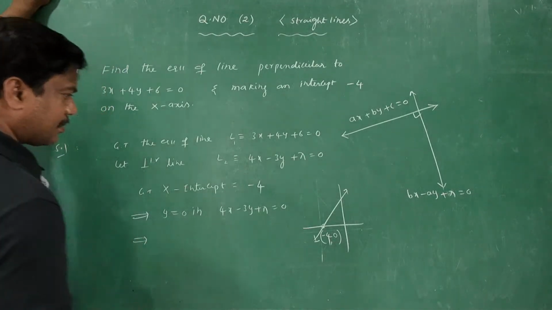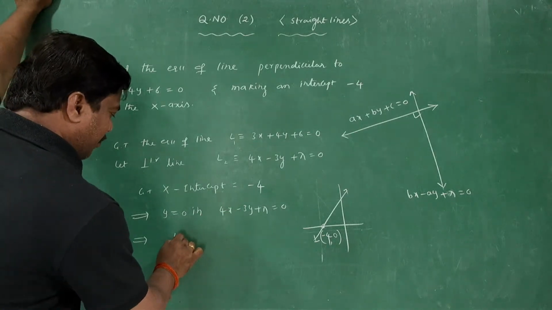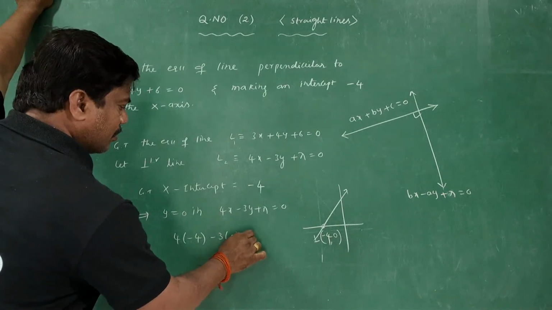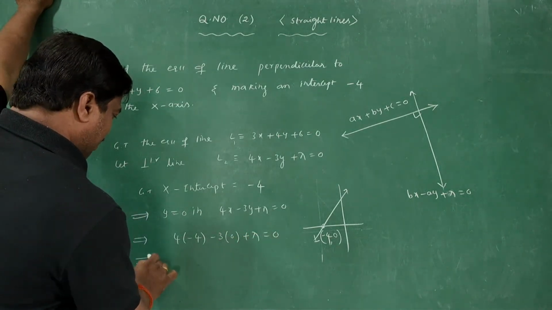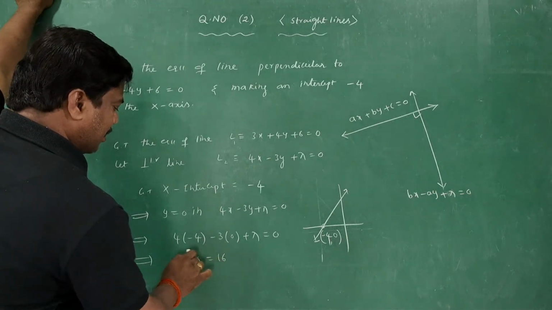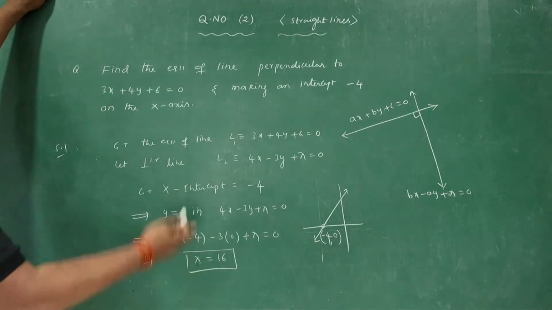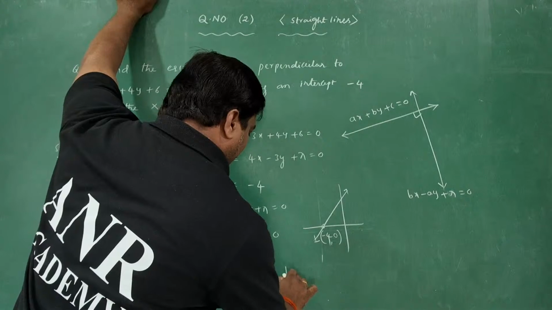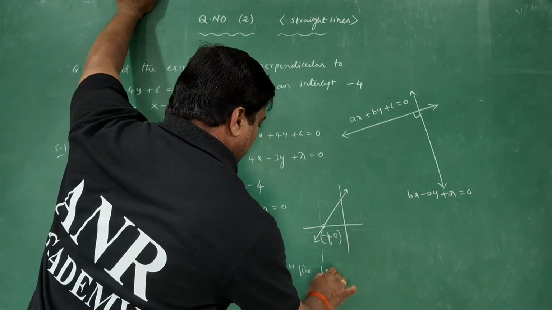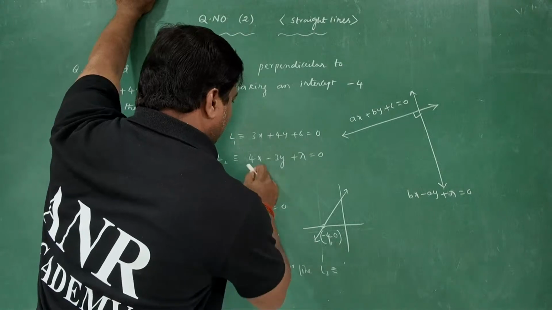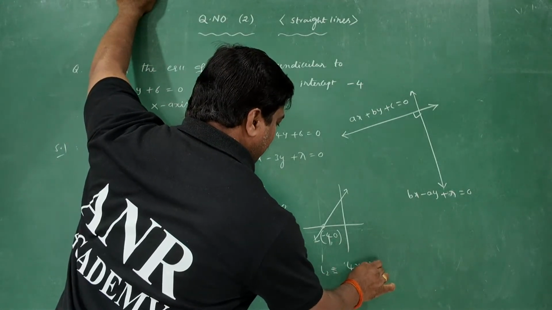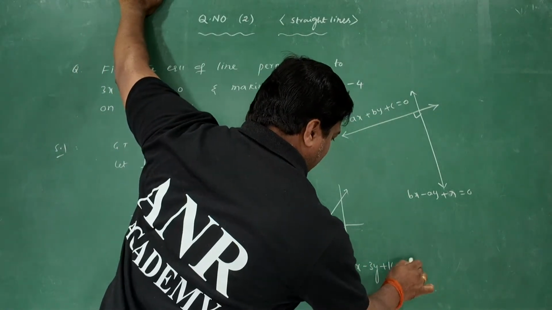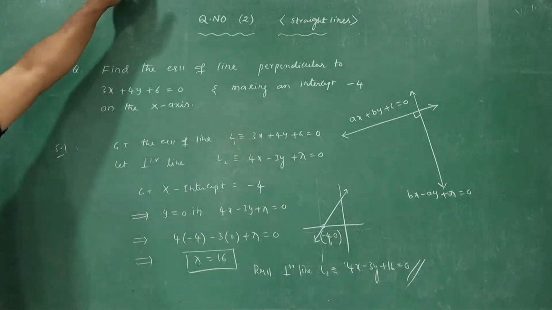That implies in place of x you write minus 4 and in place of y you put 0, that gives the value of lambda. That implies lambda equal to 16. When lambda equal to 16, the required perpendicular line L2 becomes 4x minus 3y plus 16 equal to 0. So this is the solution.